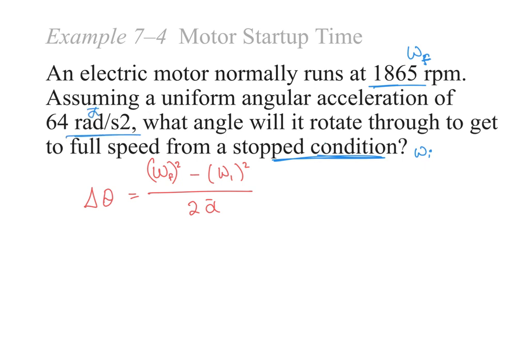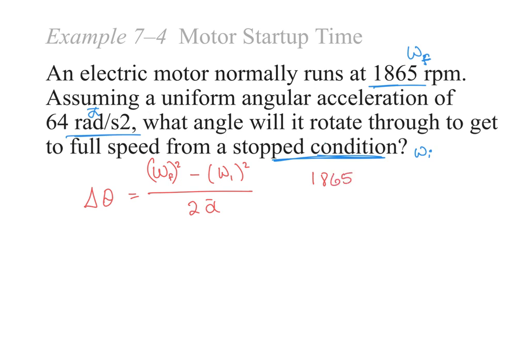This is what we were used to, except now for all of those linears, for all of those velocities and accelerations, we're plugging in angular velocity, angular acceleration, right? But it's basically the same. So we're just going to plug it in. We're going to say, well, we're going to take that 1865, and that is my ending.